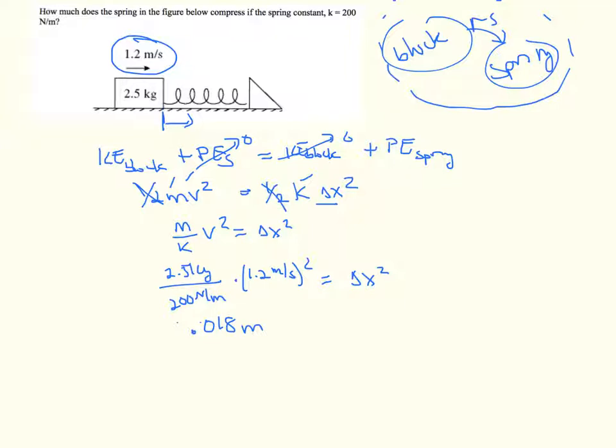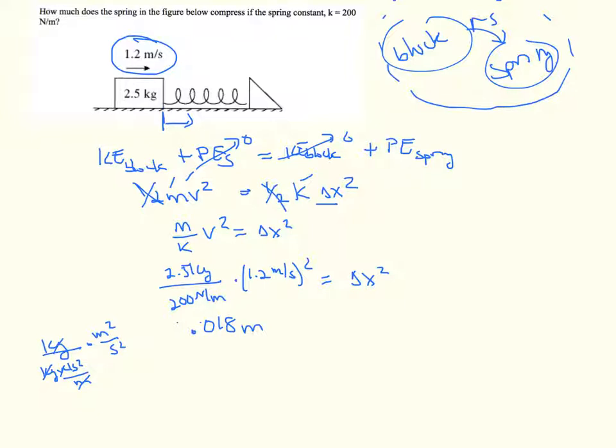Let me just check my units here. I had kilograms over, newtons can be written as kilogram meter per second squared divided by a meter, and then I'm going to multiply that by meters squared over seconds squared. That's going to cancel my meters, and that's going to cancel my kilograms.